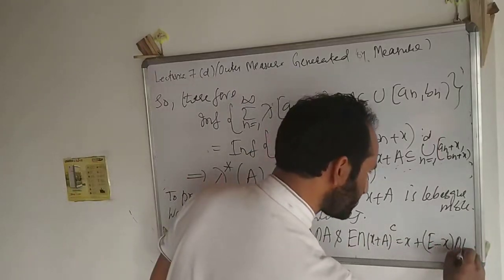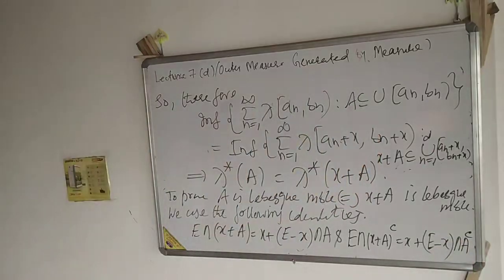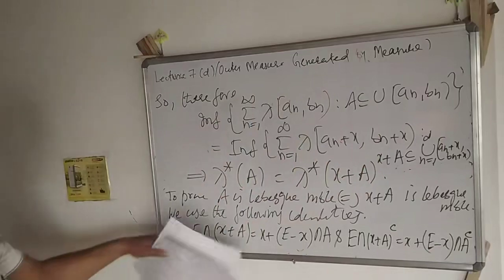Sorry, it's x here, and this is x, and that's x here. So we use these two identities to prove the result.